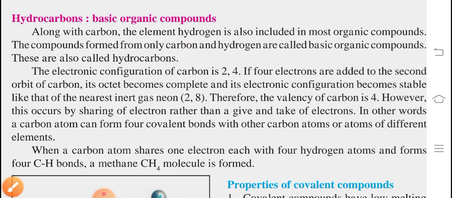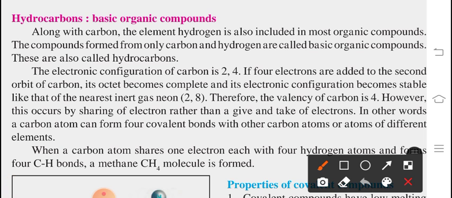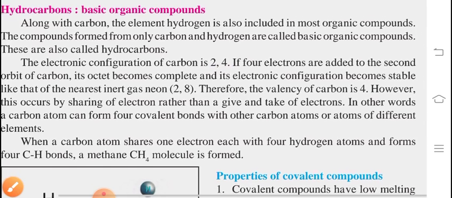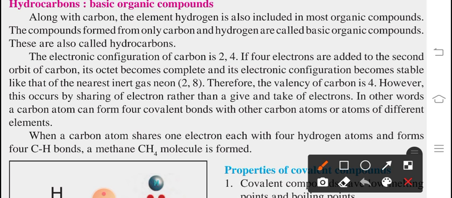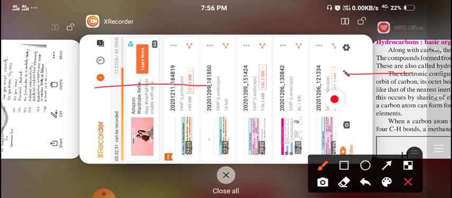The electronic configuration of carbon is, as we know, 2,4. If 4 electrons are added to the second orbit of carbon, its octet becomes complete and its electronic configuration becomes stable, like that of the nearest inert gas neon, 2,8.